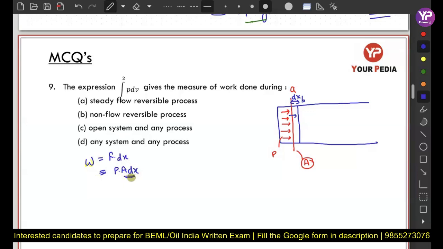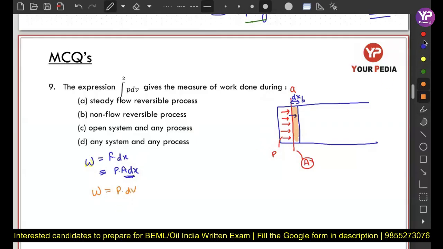Now what is the meaning of A into dx? A dx is representing the volume by which the piston has displaced, the volume by which the air or fluid has been displaced here. So A dx is representing the displaced volume. So I can write the work done formula will be pressure into change in volume.